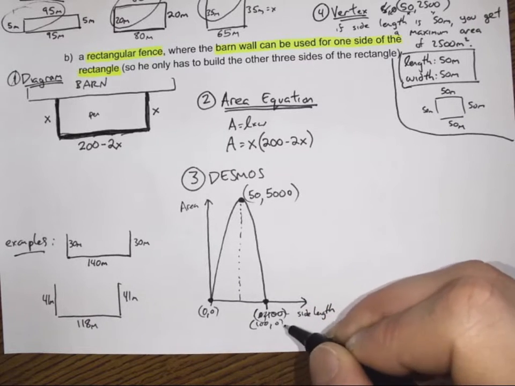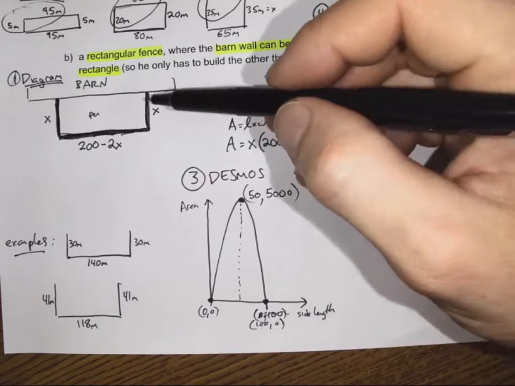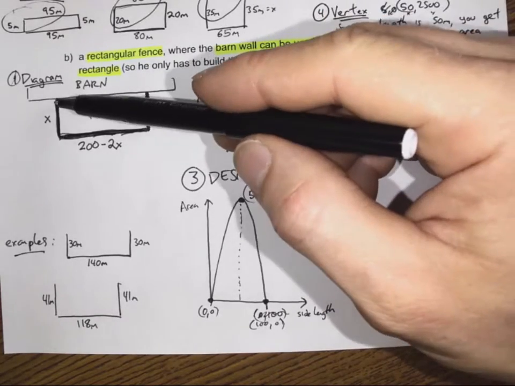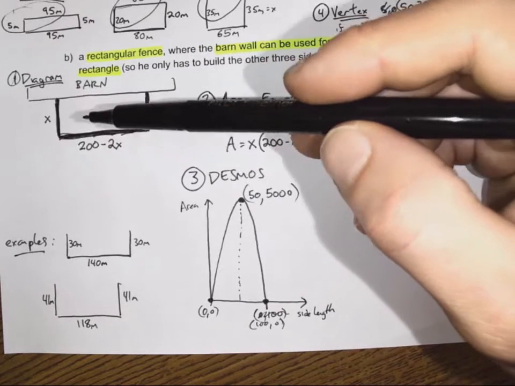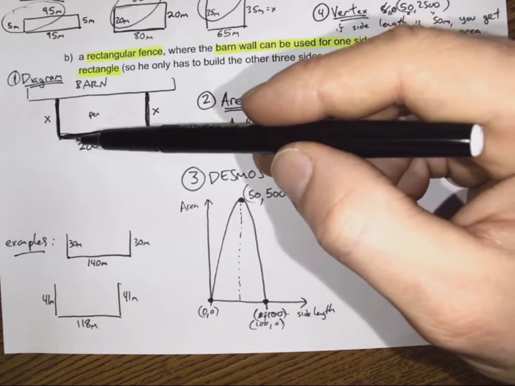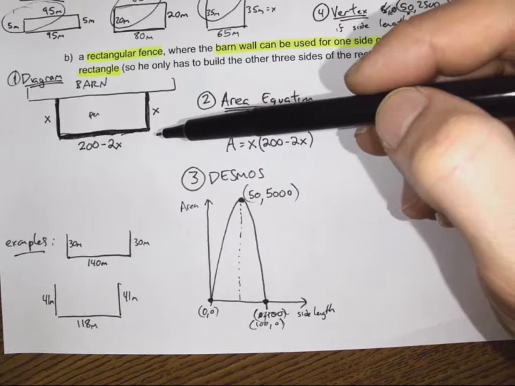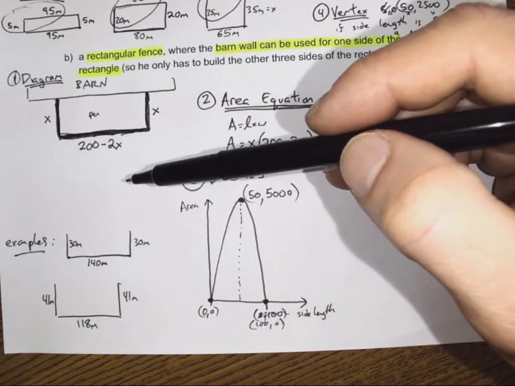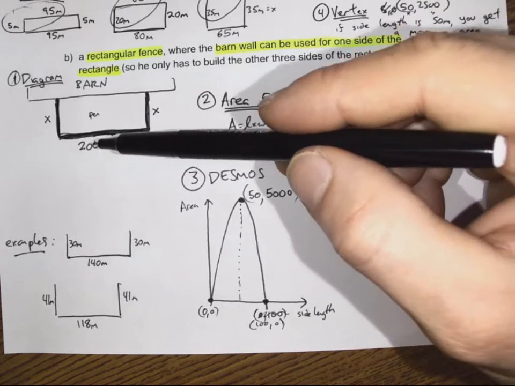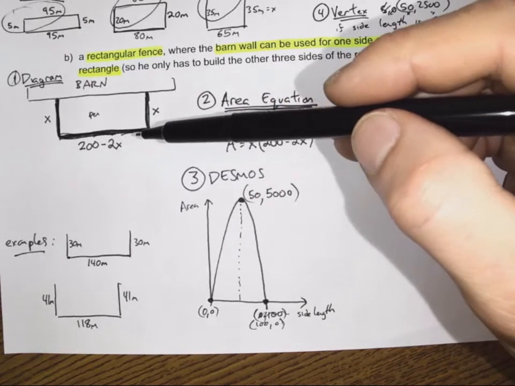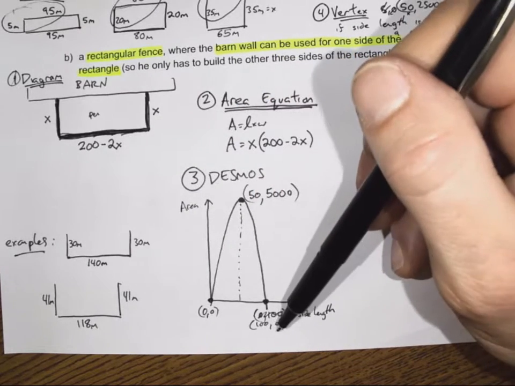100, 0, pardon me. If I choose my side length to be 100, each of these guys are 100, how much space do I have left for this side? 100 there and 100 there, that's 200. That's all the fencing I have left, which means I would have 0 fencing for this side here. And again, that would enclose 0 area.